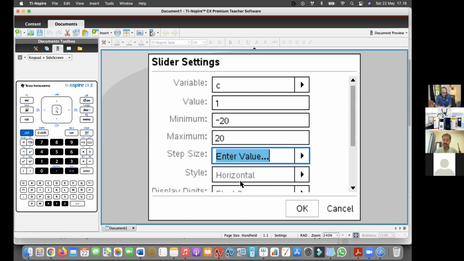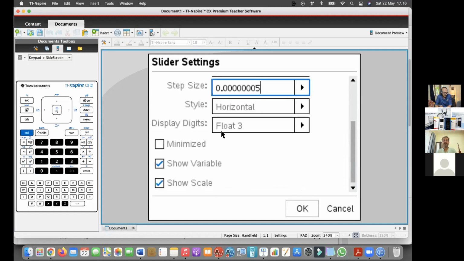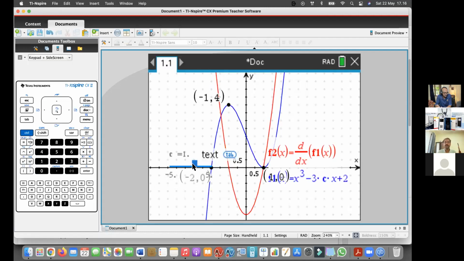I would like to enter 0.000005. So it will go this slow. And you can move down and you can have other settings. Display digit is float, 3 significant figures, and so on and so forth. I am not saving it.